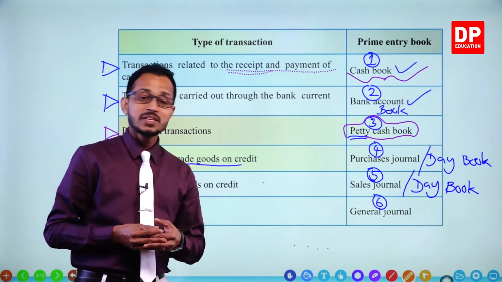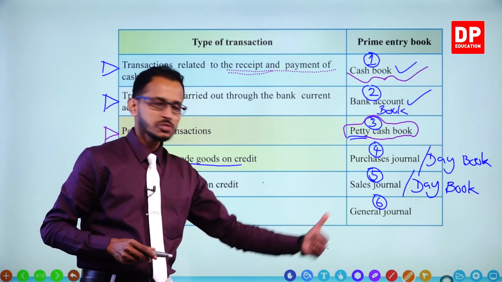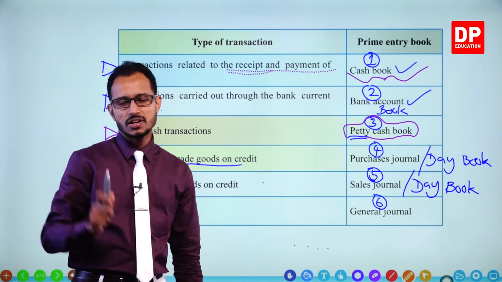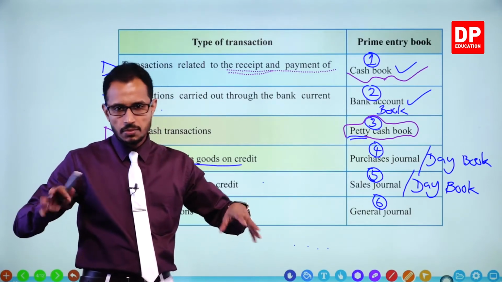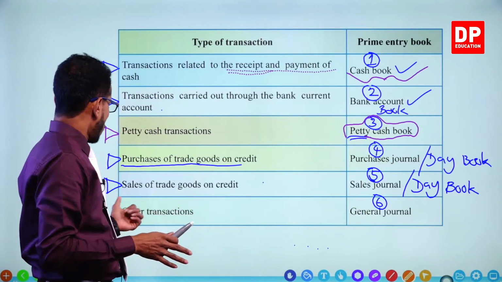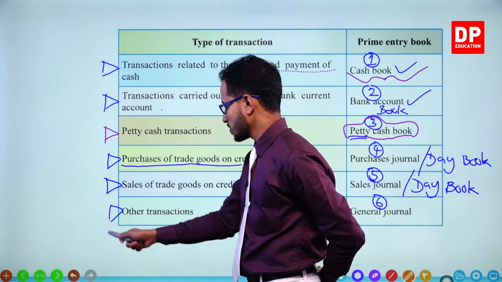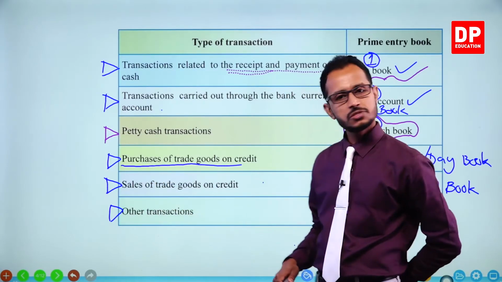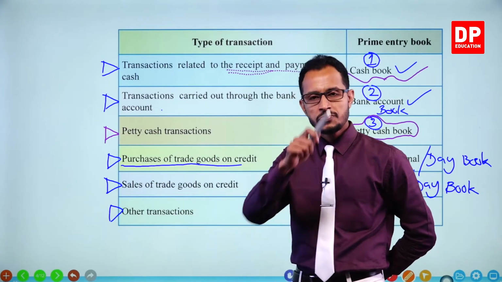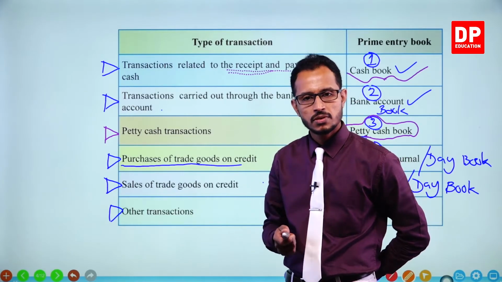Well, it means, children, there is no specific transaction to be recorded in this. There is no one specific transaction. There are many transactions. There is no detailed explanation. It says other transactions. I'll give you a better explanation.